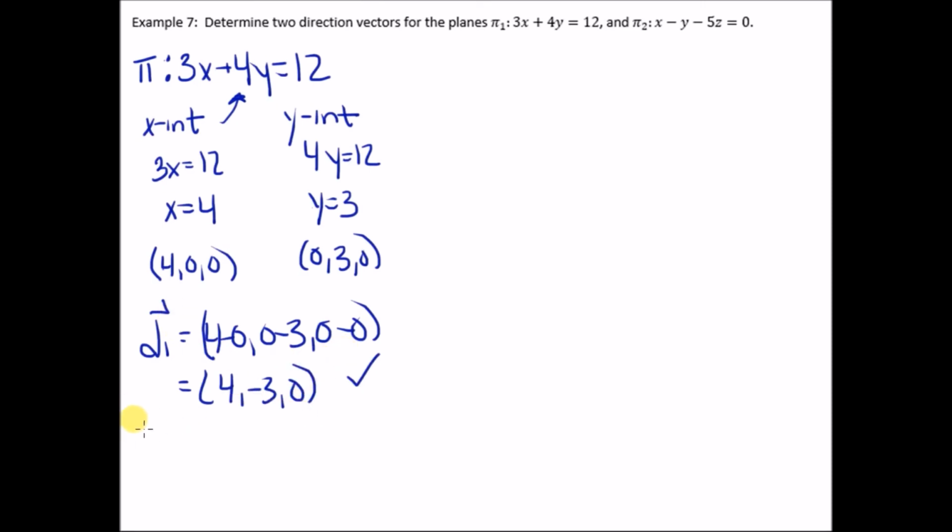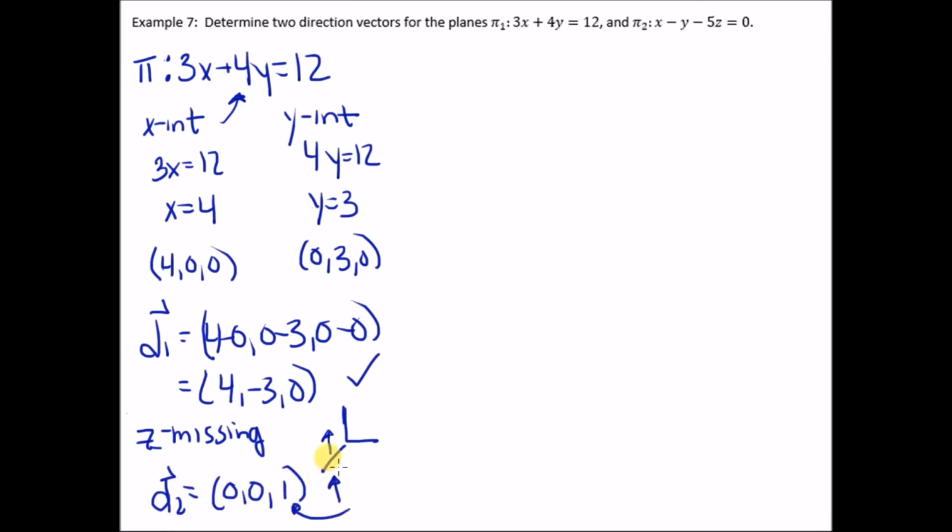The other thing is, because it doesn't have a z component, it's missing the z, we know that it's parallel to the z-axis. That means that it's going to go vertically up. And that means that another direction vector that we can have is (0, 0, 1), 1 being that vertical component, that vertical unit vector.